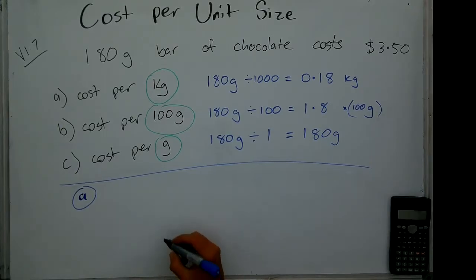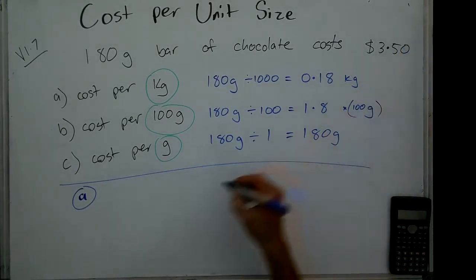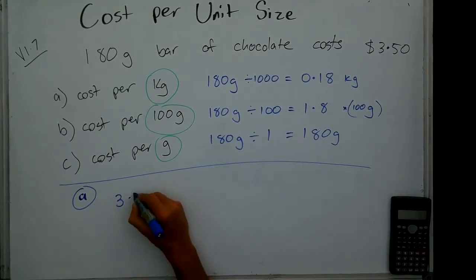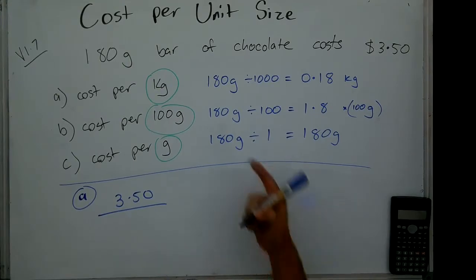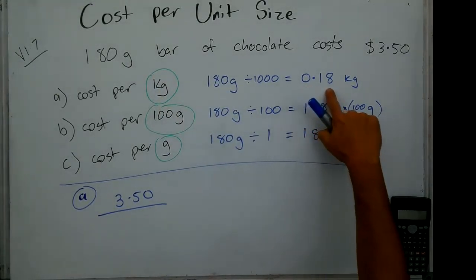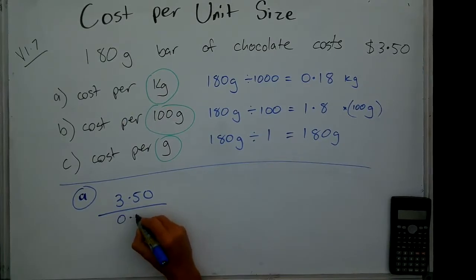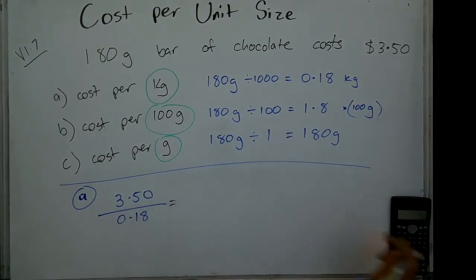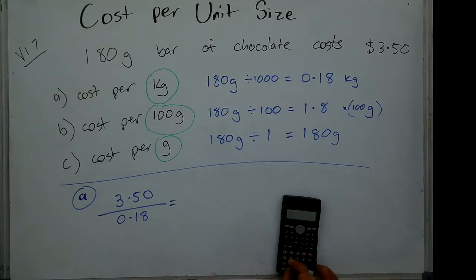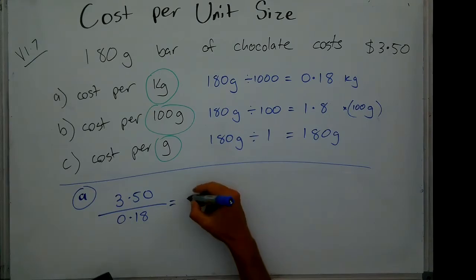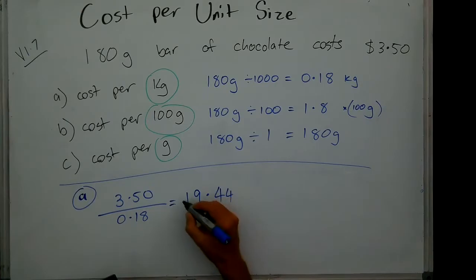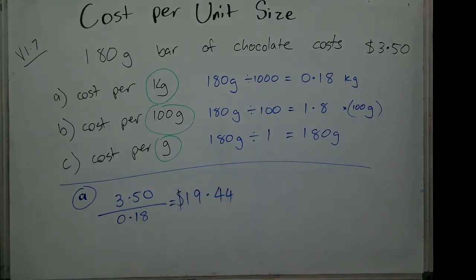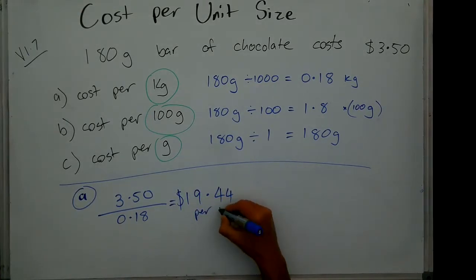So the cost per kilogram, we've got our dollar value, $3.50, and I'm just going to divide it by how many kilograms there are in the chocolate bar, which is 0.18, which equals $19.44 per kilogram.